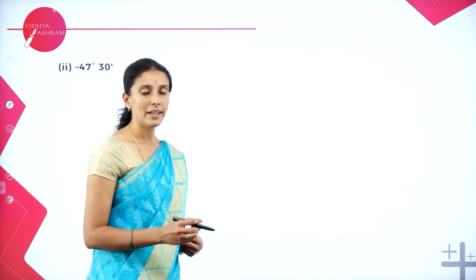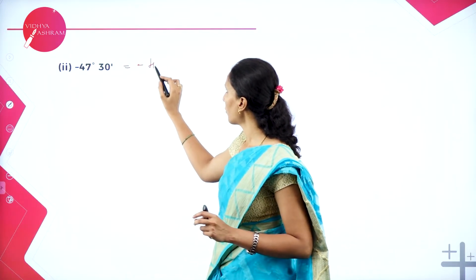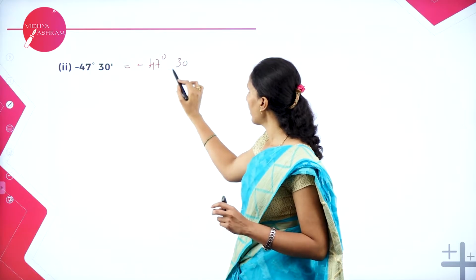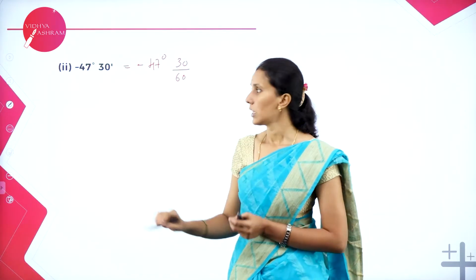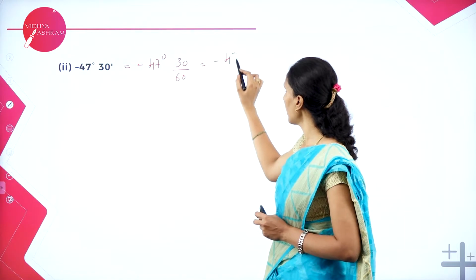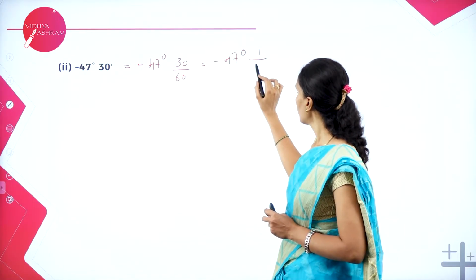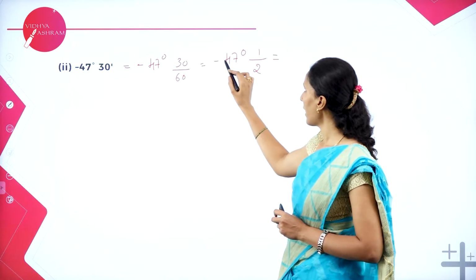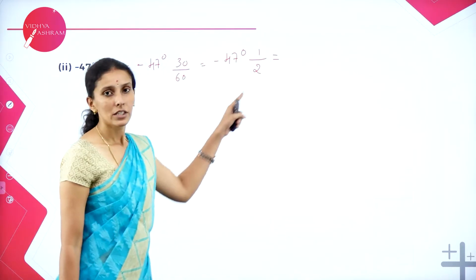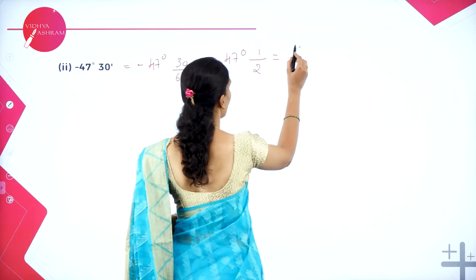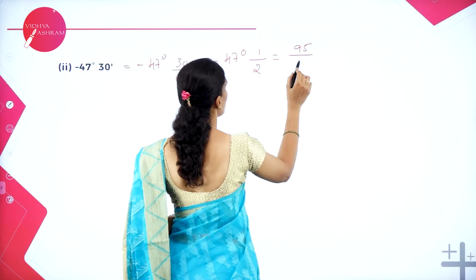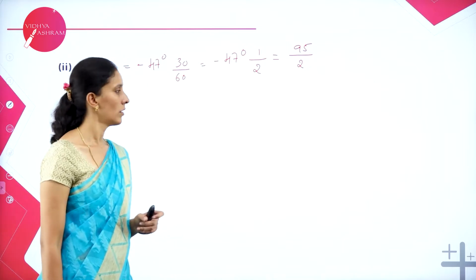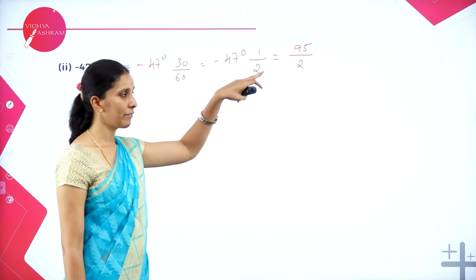Next question, we have minus 47 degrees 30 minutes. As I said, whenever the minutes or seconds are given, first convert them into degrees. The same case, I can write it as minus 47 degrees 30 divided by 60 in terms of degrees. That is nothing but minus 47 degrees 1 by 2. When you convert this mixed fraction, you will get 95 divided by 2 degrees.